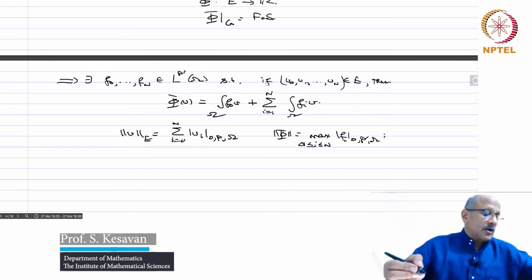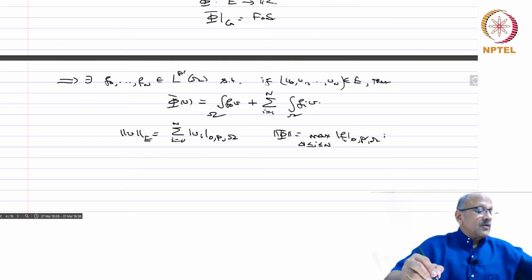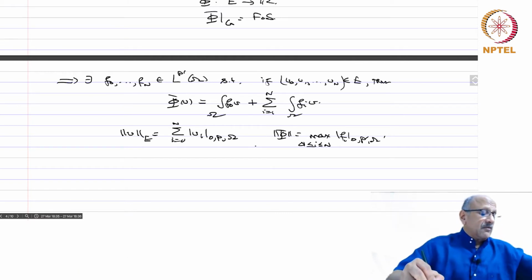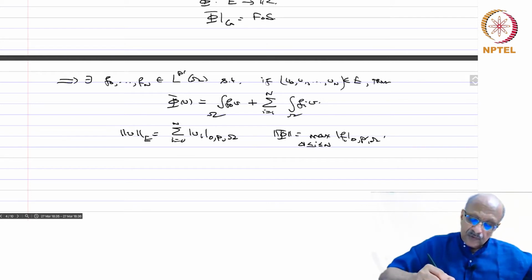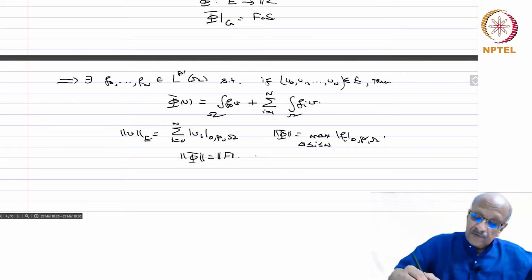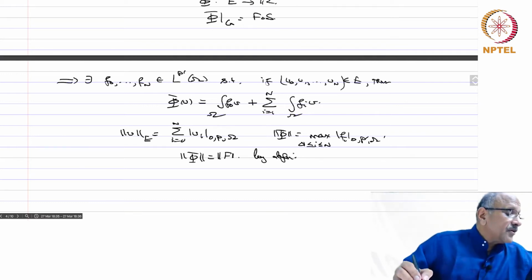This is just the product, the dual of a product is given this way. And of course the norm of phi will be equal to the norm of f by definition, because it is a Hahn-Banach extension.